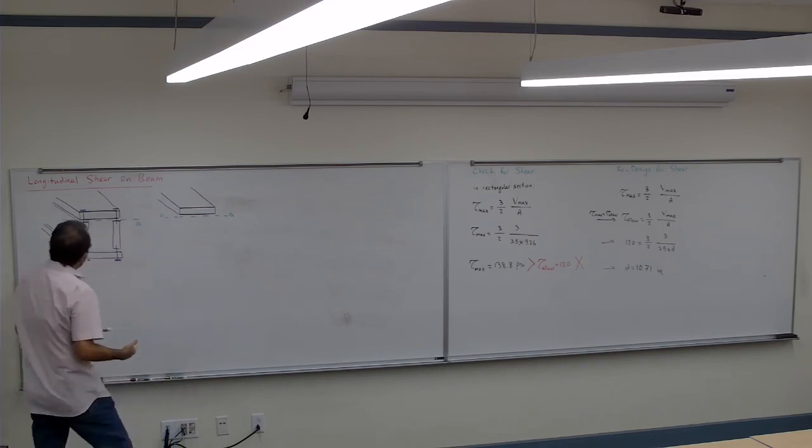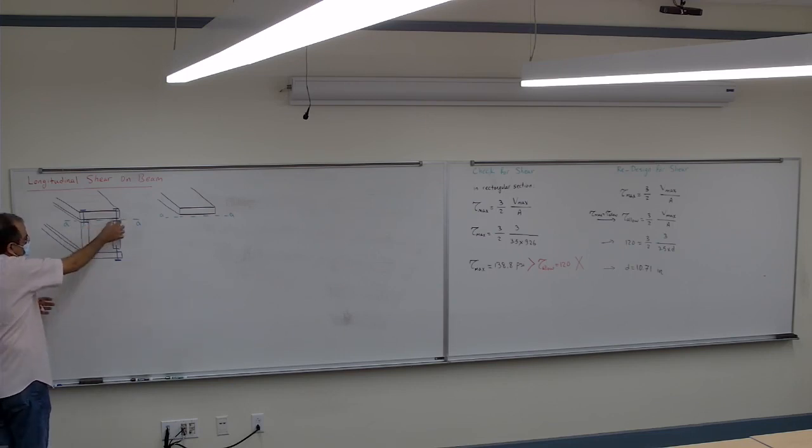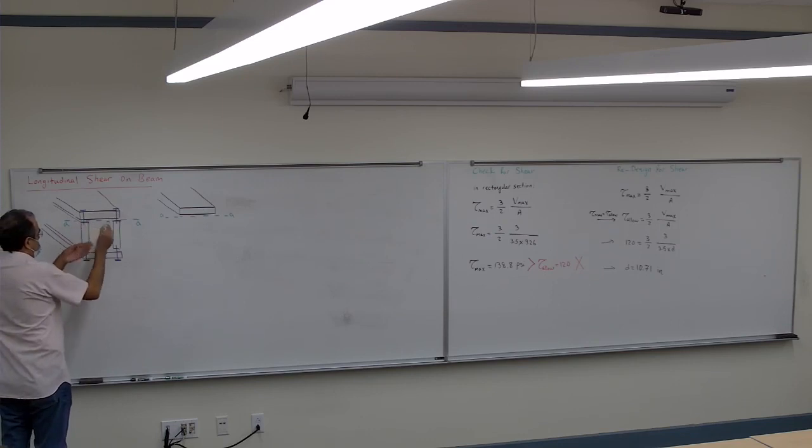Where the horizontal forces would be applied? On the edges of the screw? Yep, there and there. At those points. So the shear force that wants to cut it horizontally is going to be one of them there and one of them there.